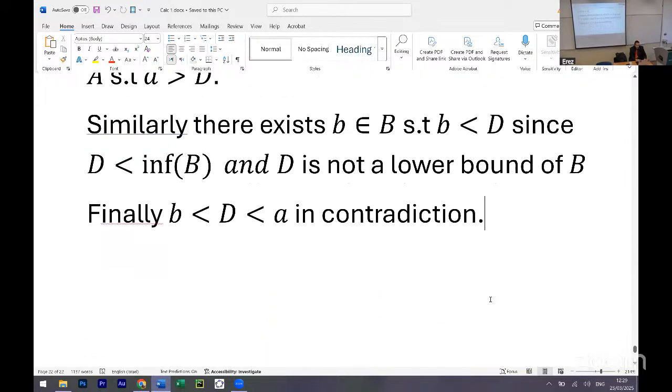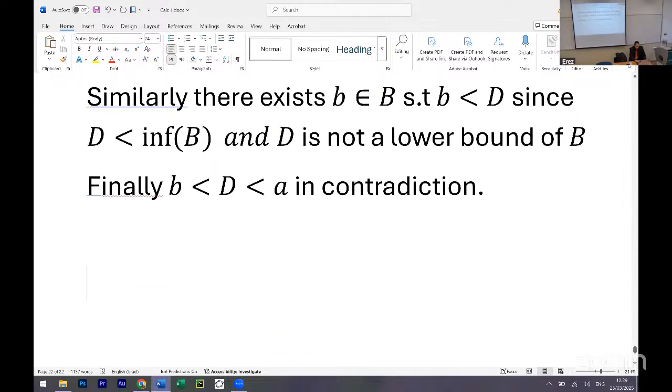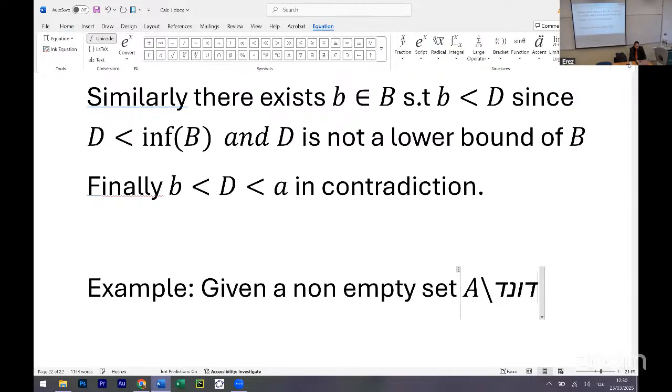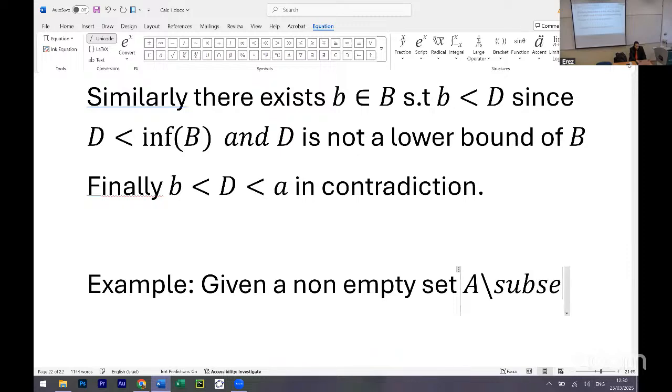And in that notion, we will go to the next example, interesting example. Assume given a non-empty set A of real numbers.